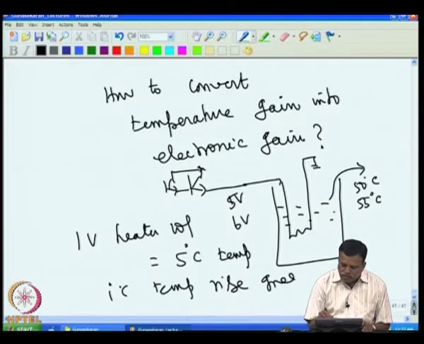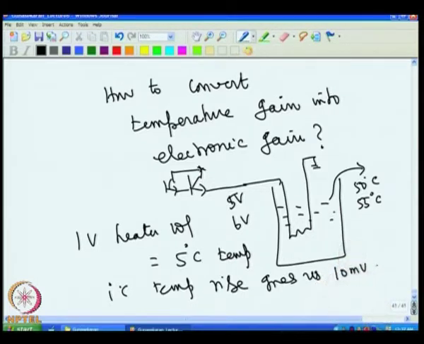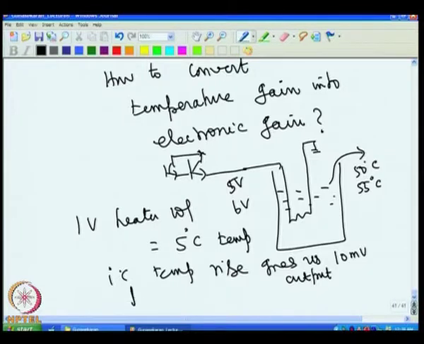Now, 1 degree temperature rise gives us 10 millivolt output from the sensor.